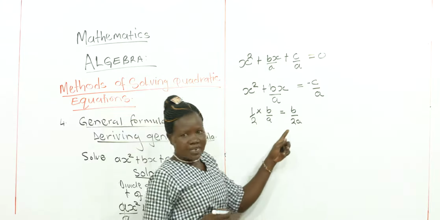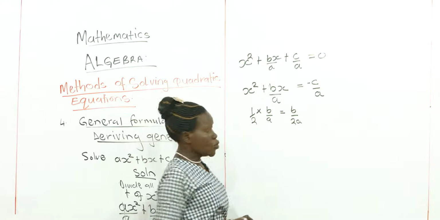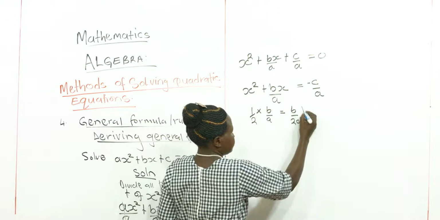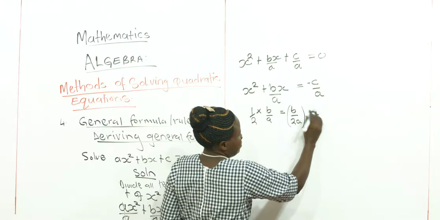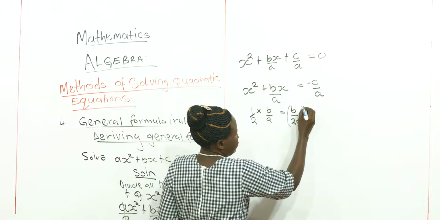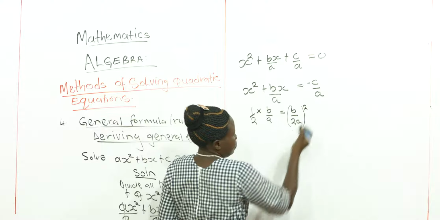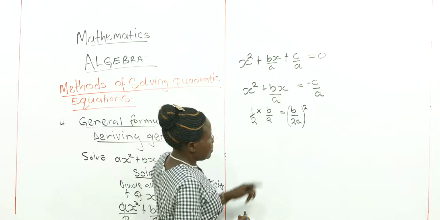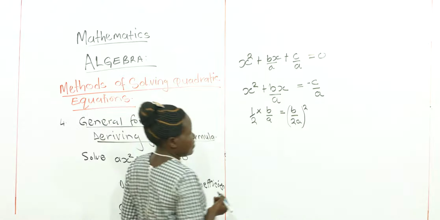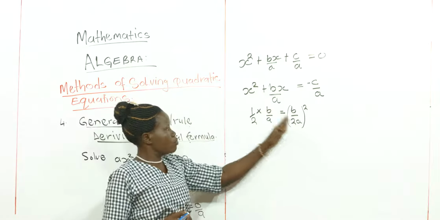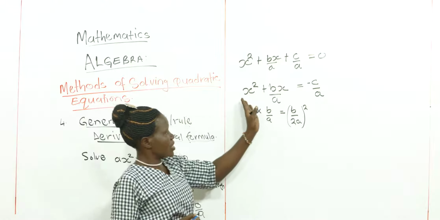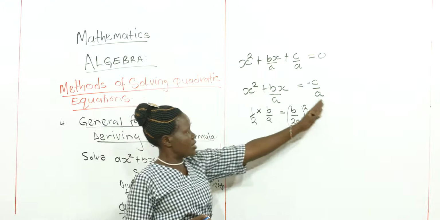After getting a half, we square it. Then after squaring it, we add the square to both sides, left and right.